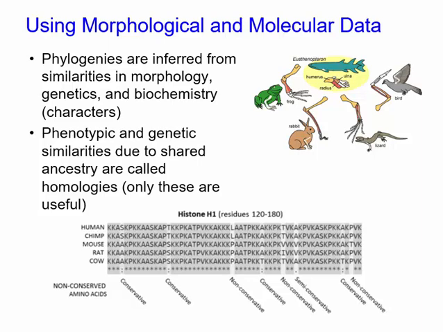So speaking of genetic information, this has become much more common and very useful. We can use both together, morphological and genetic information, but we get a ton of information from genetic data nowadays. And when we're looking at either of these, it's important that we're only using homologous characters.